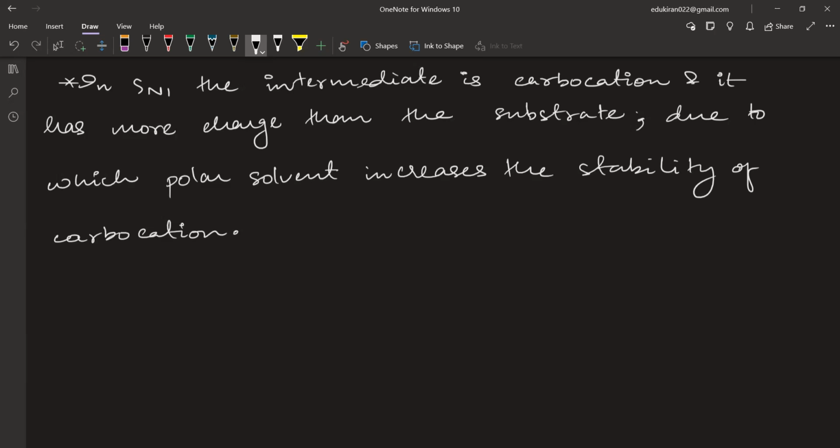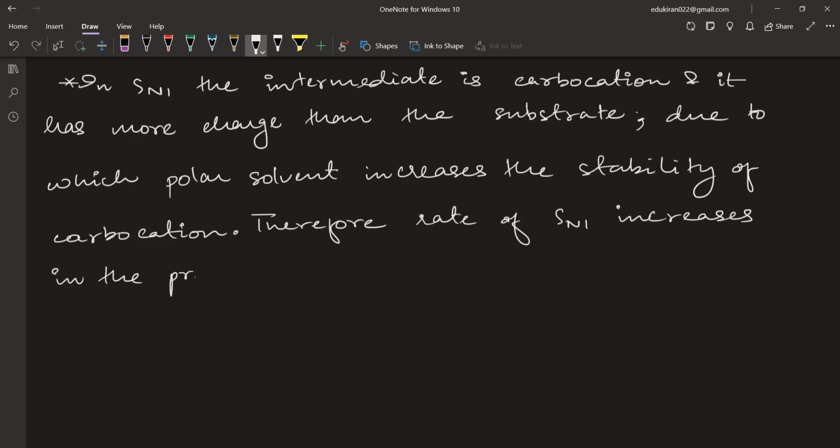Done? Yes or no? Tell me. Yes. Okay. You'll write, therefore, rate of SN1 increases in the presence of polar protic solvent.